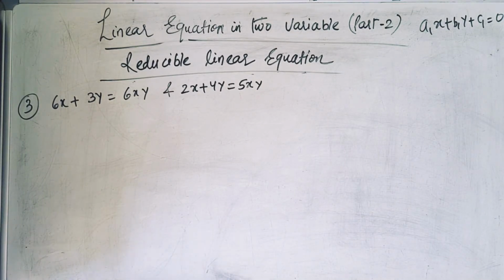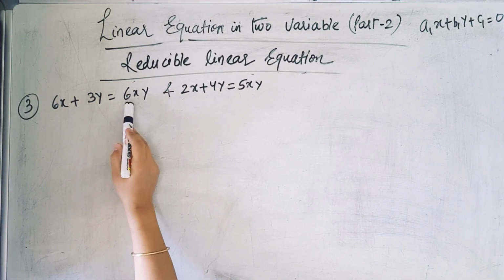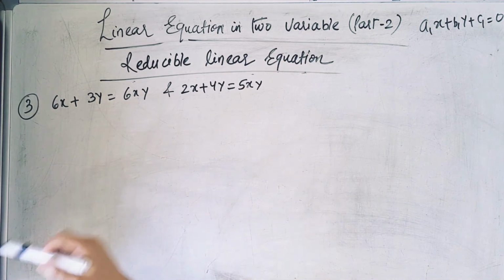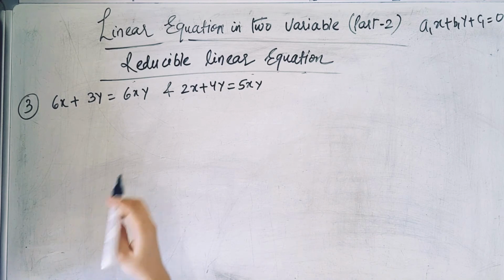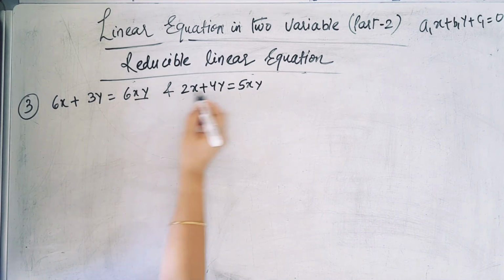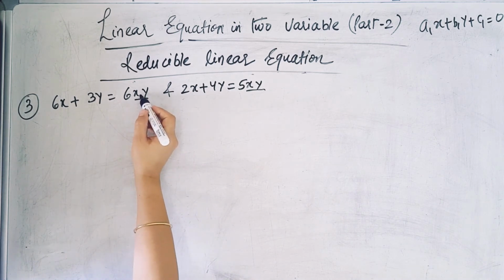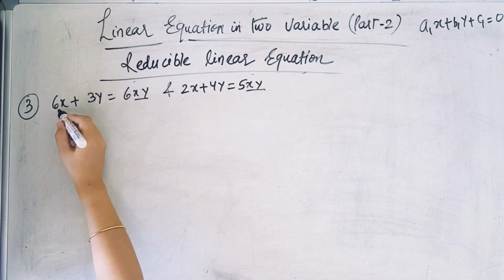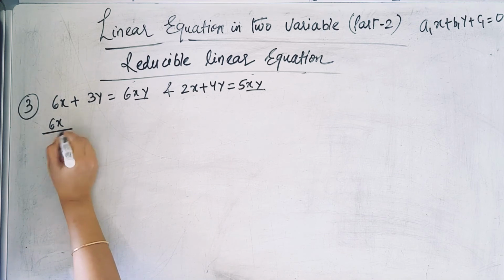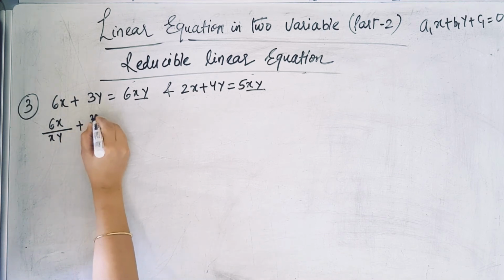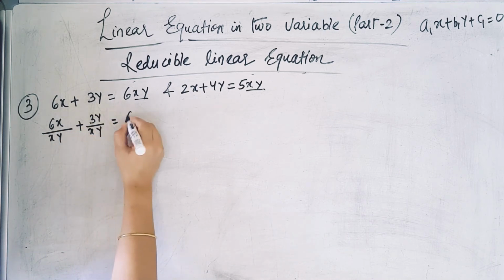So now the next question is 6x plus 3y equals 6xy. Now see here, they haven't mentioned x and y in the denominator, but what we'll do over here is, since xy is here, we will bring xy in the denominators of these two values, that is 6x upon xy plus 3y upon xy equals 6.